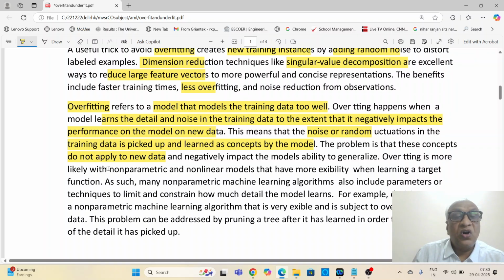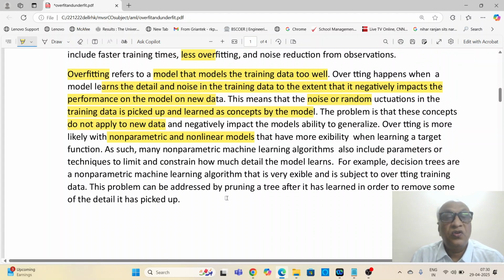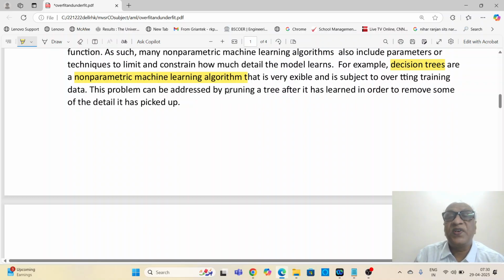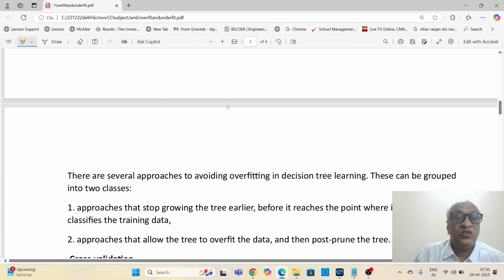Overfitting occurs for non-parametric and non-linear models. For example, the decision tree is an example of a non-parametric machine learning algorithm. Here overfitting is more. As far as the decision tree is concerned, we can reduce overfitting by pruning the tree after the learning.